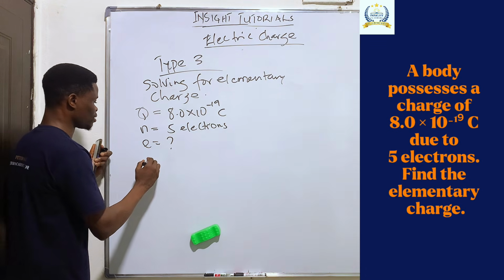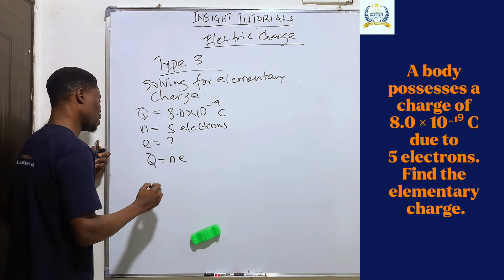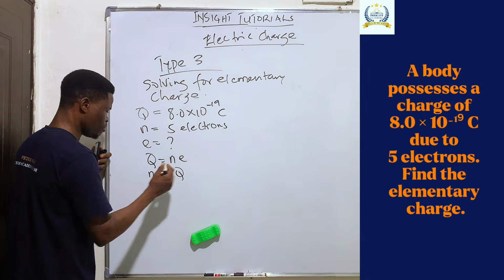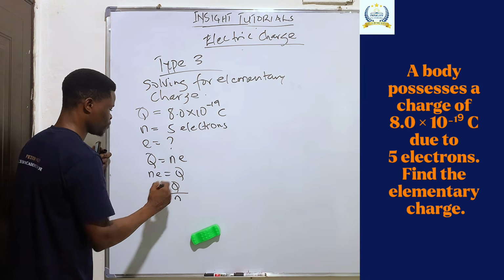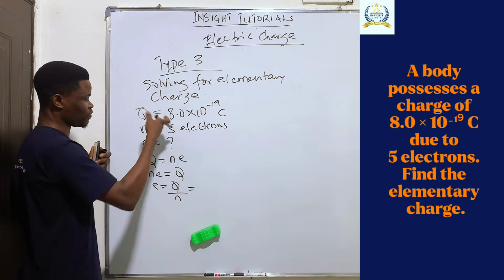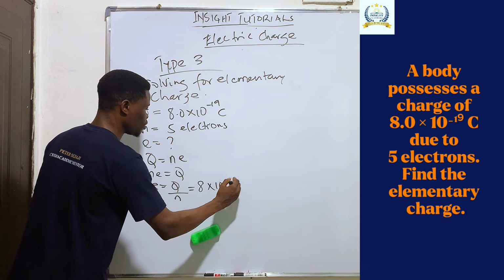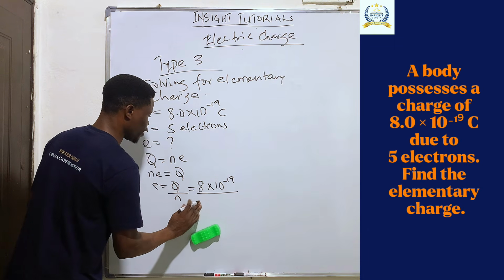So remember our formula that the total charge is equal to the number N times E, where we can say N is also Q, make E the subject of the formula, so E becomes Q all over N. In doing that, we substitute the values. So we have 8 times 10 raised to the power of minus 19 all over 5.